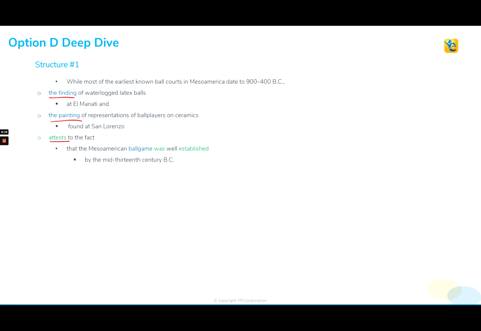So that would give us a deterministic subject-verb agreement error, okay? In addition, we would have a meaning change here because here we have the finding of the balls attest.